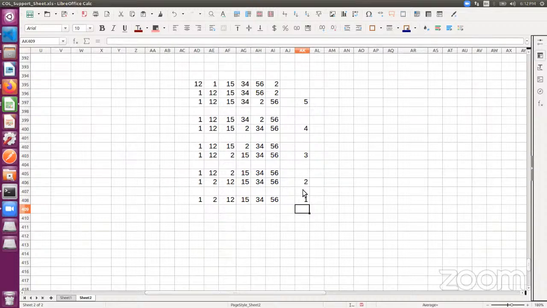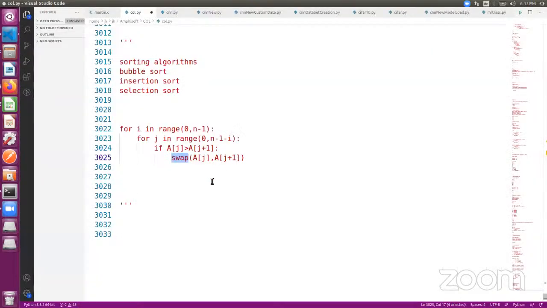So 5, 4, 3, 2, 1, if the number of elements is 6. So sum of n minus 1 natural numbers, n into n minus 1 by 2. So the order is going to be order of n square. So this is the worst case.